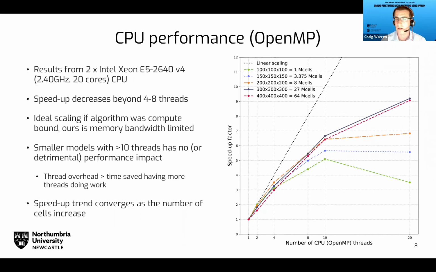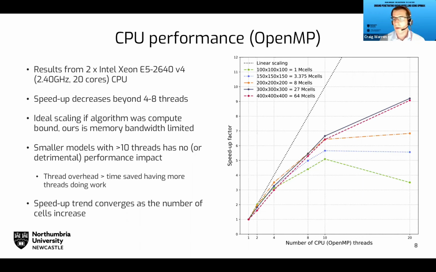The dotted black line is linear scaling. We've got speed up factor on the y-axis and number of CPU cores or threads on the x-axis. The various traces represent different model sizes, different numbers of cells.